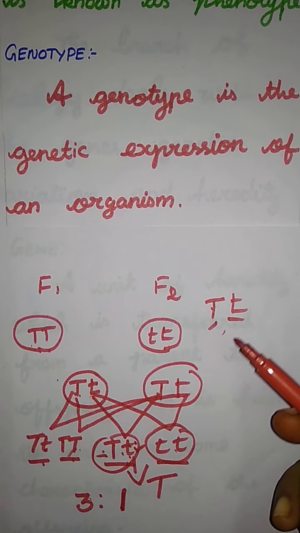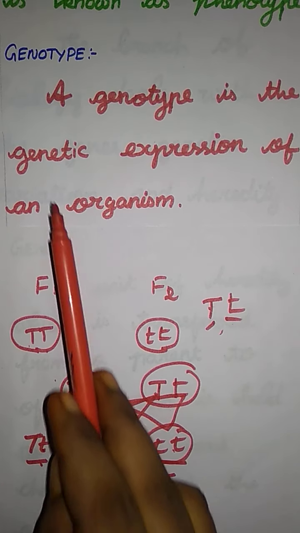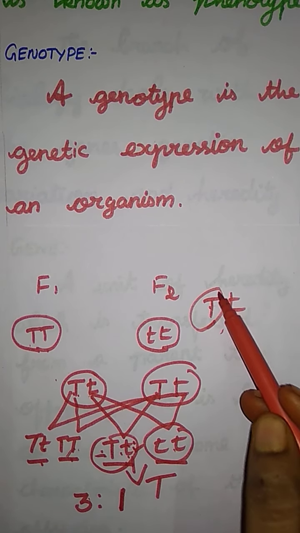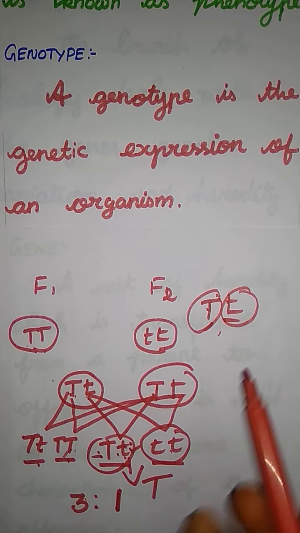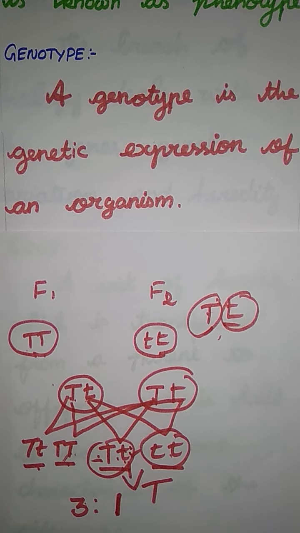Expressing the character of the gene separately, that is the genotype. In the genetic expression, the tall character is present and at the same time the dwarf character is present. Here nobody suppresses anyone. That is what a genotype is. Genotype is the genetic expression of an organism. So that's it for genotype.